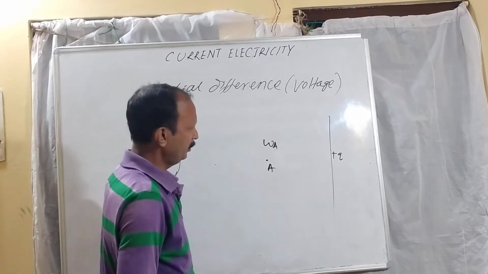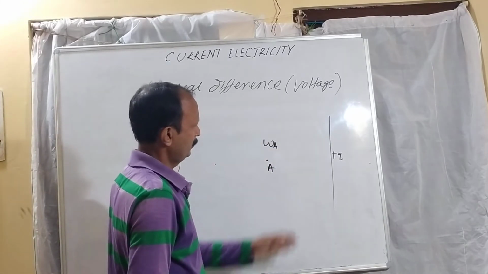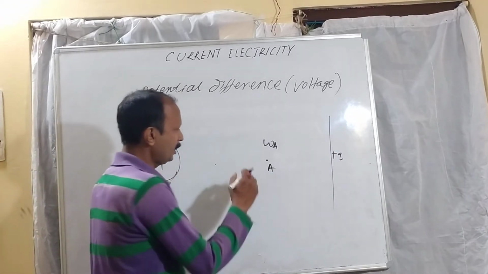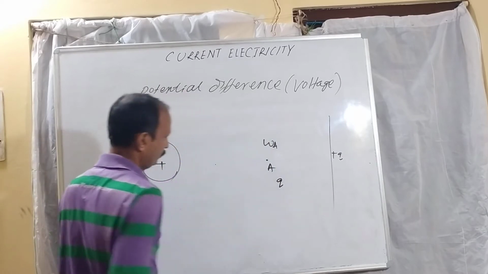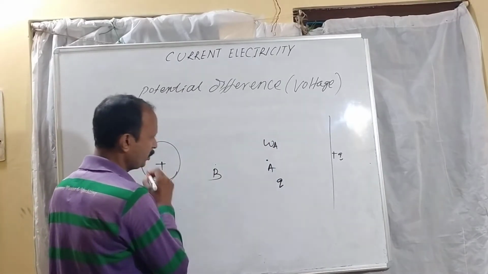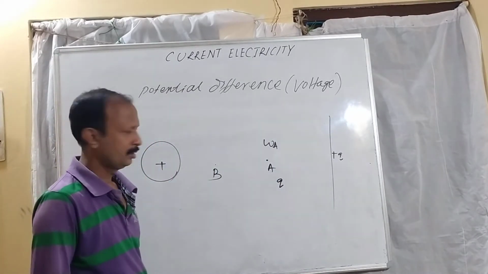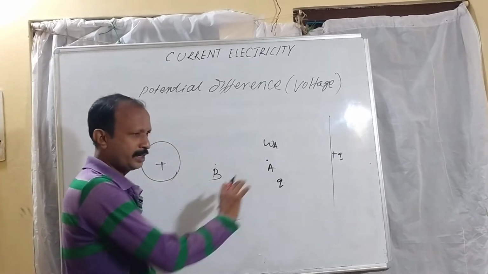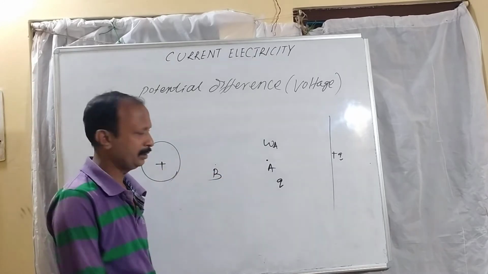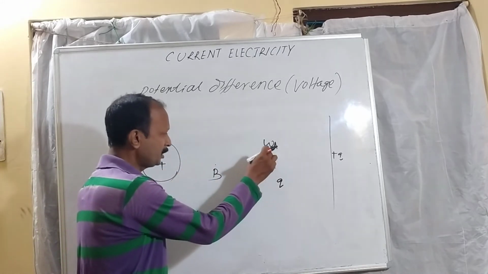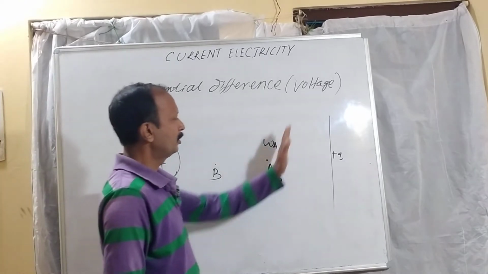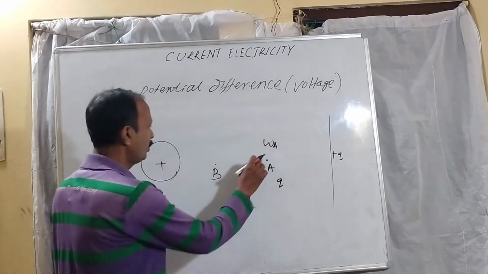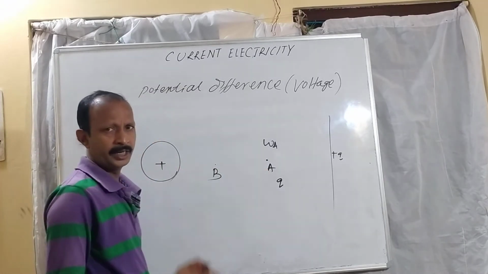For the time being, you forget the charge at infinity. You think that charge is at the point A. I have to bring it to the point B. Here is the big charge. Its repulsive force is there in this field, no doubt at all.